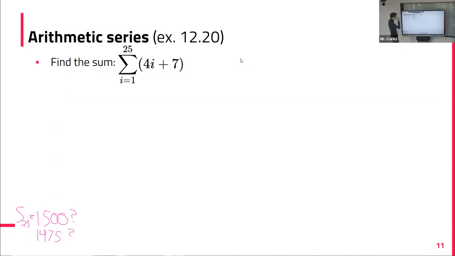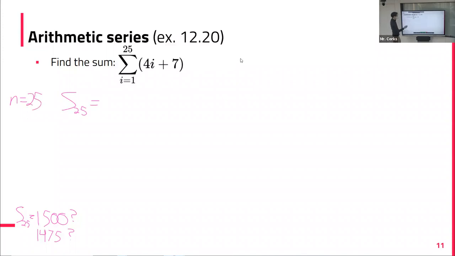Okay, let's try this out. So all the parts that we'll need here, we have our partial sum formula. So S25. We are going to need n. We have our n value. Let's move this over. So n is equal to 25.